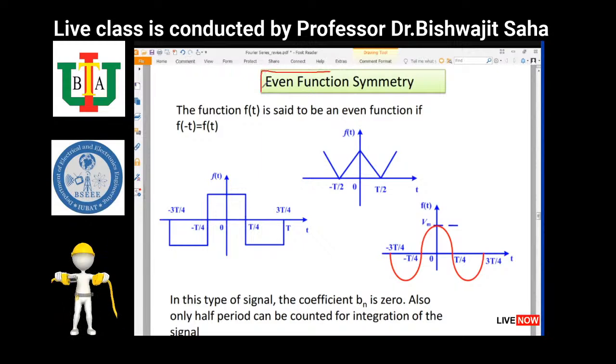If you see even function symmetry, definitely there is odd function symmetry also available. It's like day and night. If there is a day, definitely there is a night, or if there is a night, definitely there is a day. To understand this even function symmetry, we need to go through the definition of this symmetry and the objective of this symmetry.